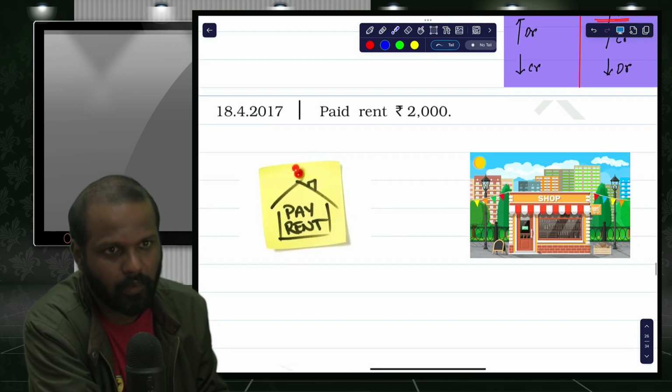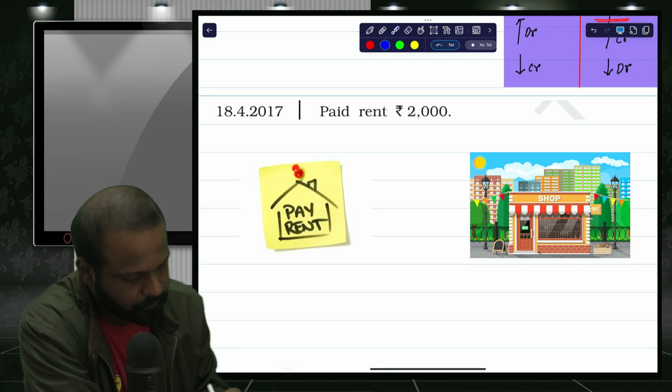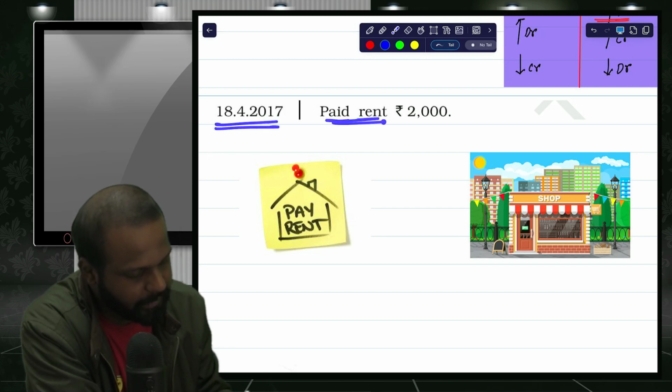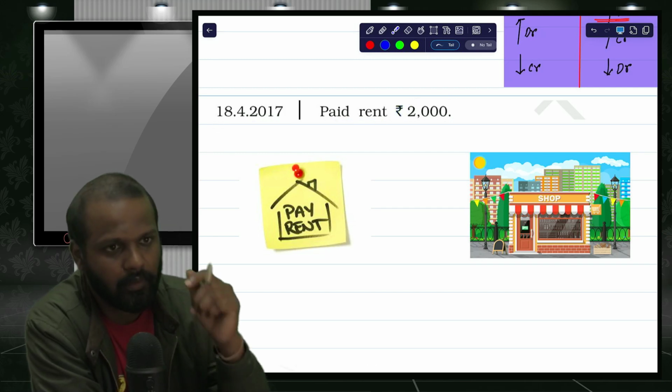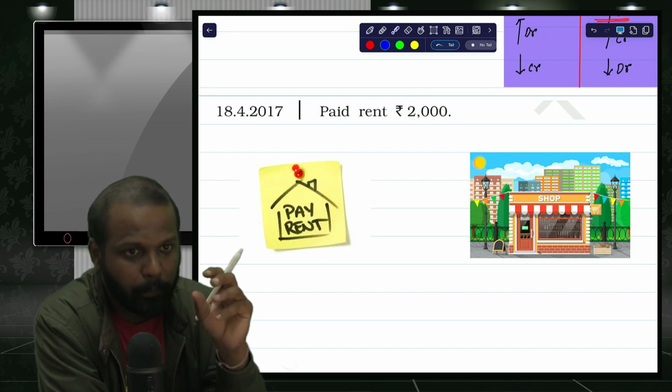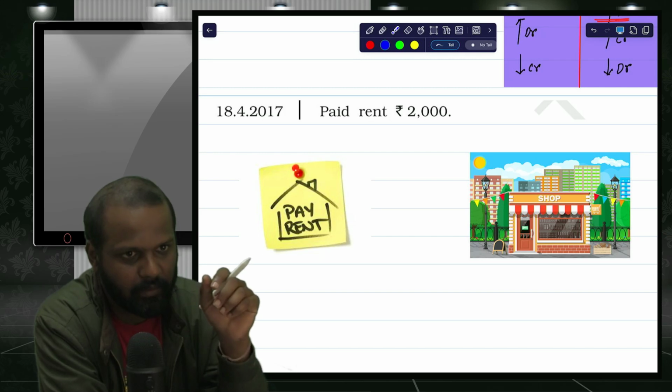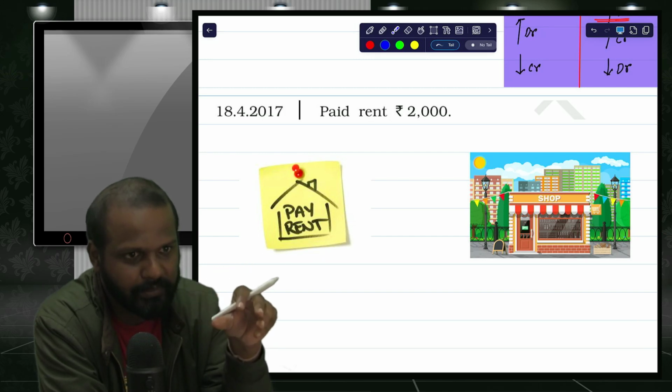Yes. See the next transaction. 18th April. Paid rent rupees 2,000. You paid shop rent, business rent, for the premises where you are conducting the business operations. For that premises, you paid the rent.